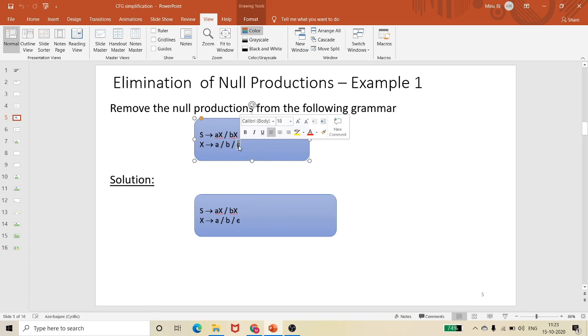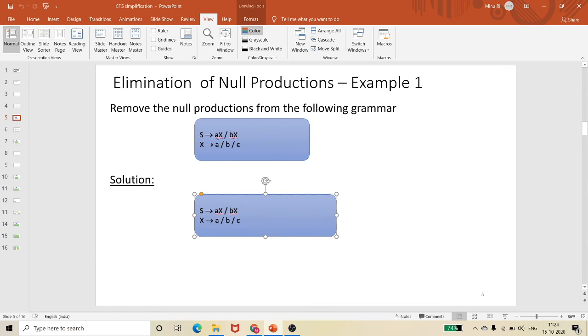For removing this epsilon, we simply substitute the value of epsilon. Actually, capital X gives epsilon, so we need to substitute epsilon for X in the grammar wherever it arises.